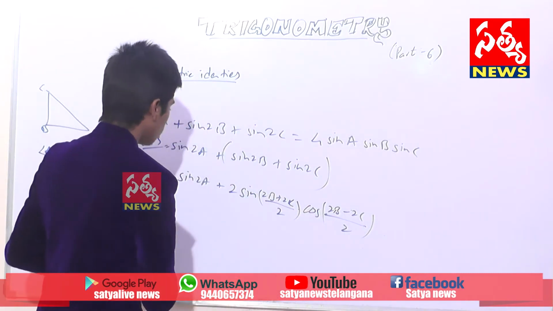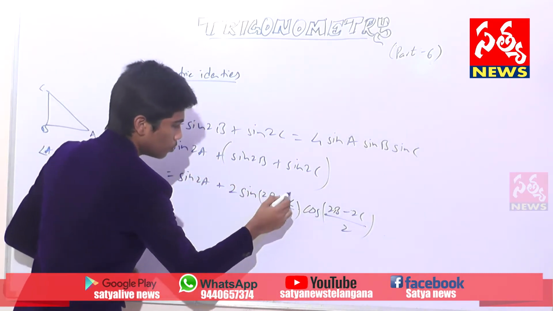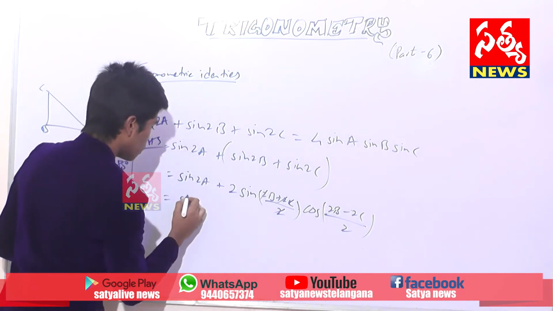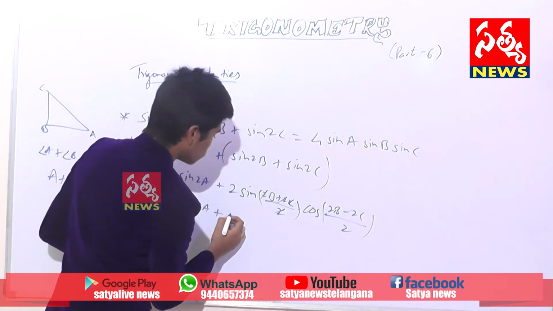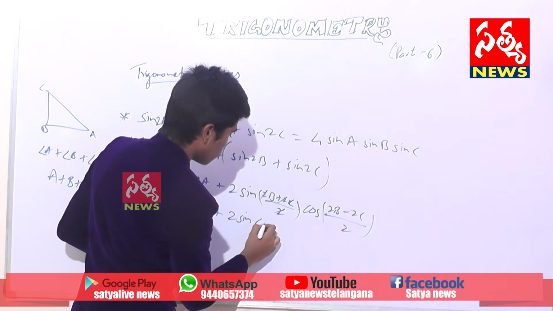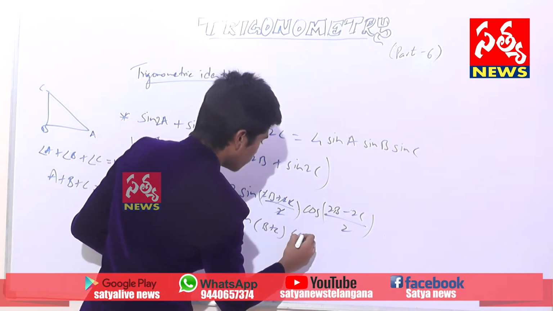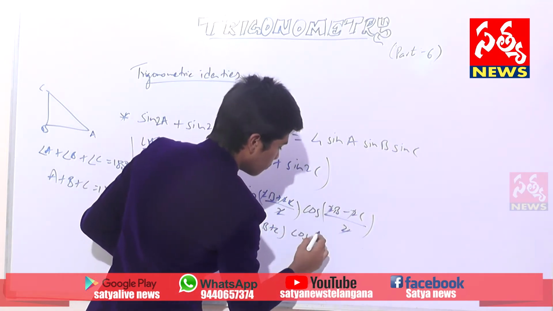Okay, this is the formula. And now 2 gets cancelled. Sin 2A plus 2 sin(B plus C) into cos(B minus C).